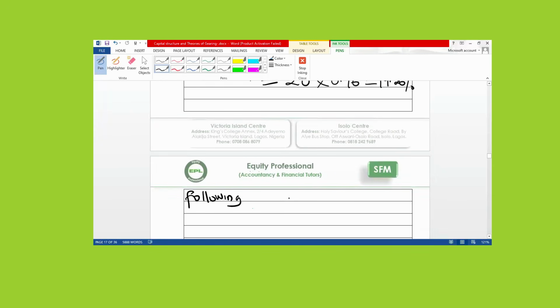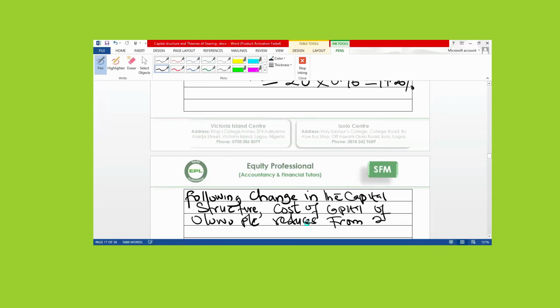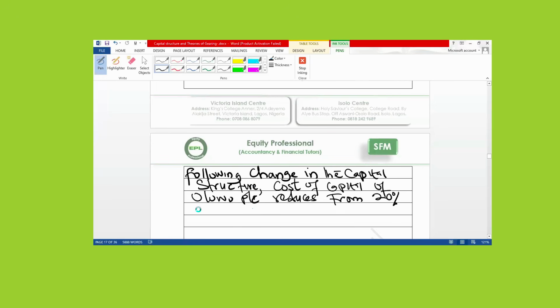Following change in the capital structure, cost of capital of Olowo PLC reduces from 20% to 19.26.